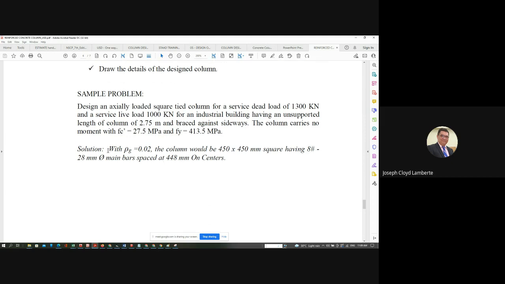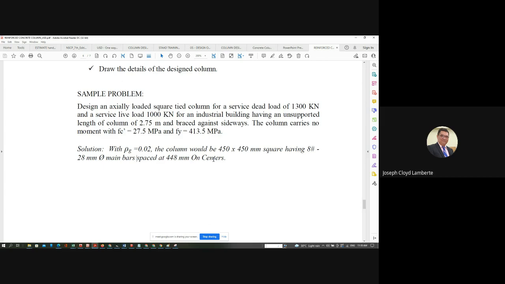Solution: with the gross steel ratio of 0.02, the column would be 450 by 450 square, having 8 pieces of 28 mm diameter bars and ties of 10 mm spaced at 448 mm on centers, no?